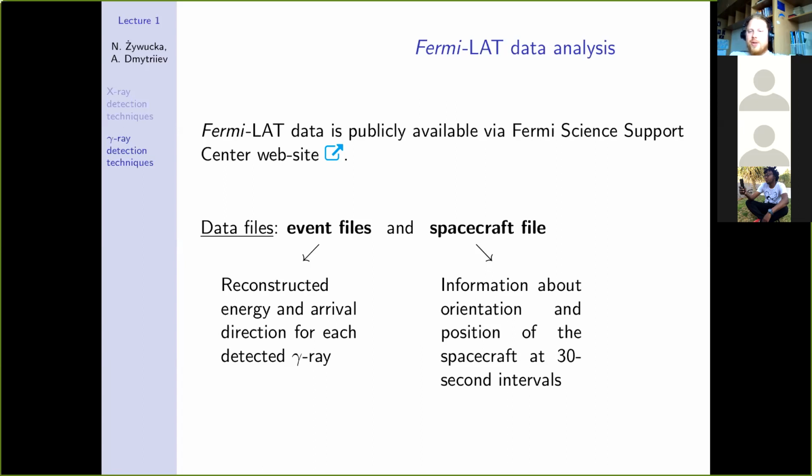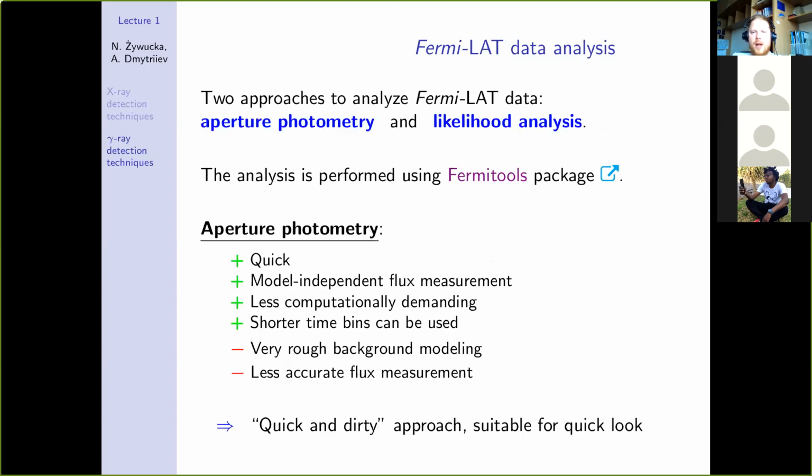It's information on where the spacecraft was located, where it was pointing, so orientation and position of the spacecraft, which is binned in 30-second intervals. So it's a very heavy file. The file size is very large and the processing times can be long, but we need this information. I will talk about it later.